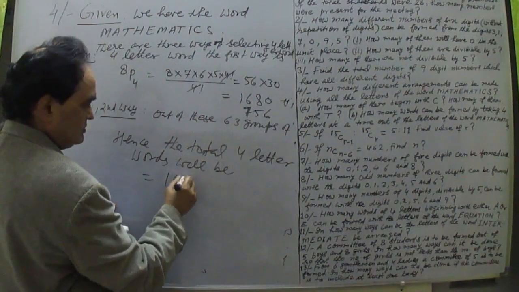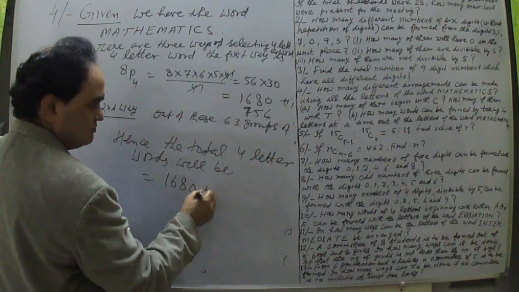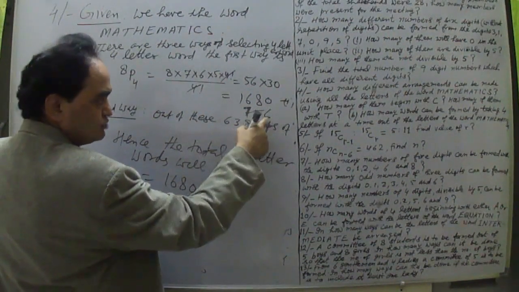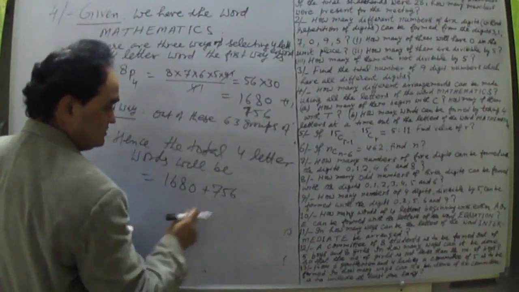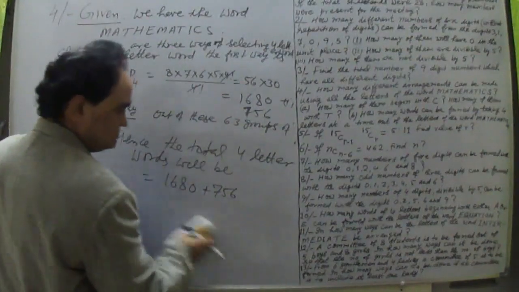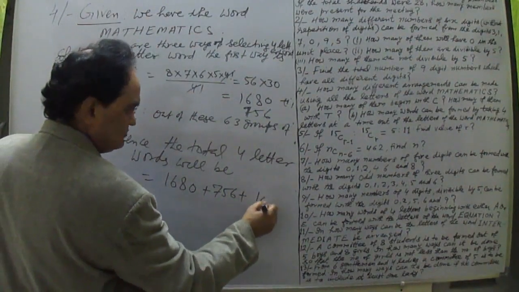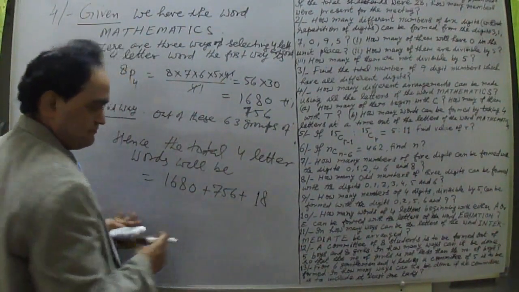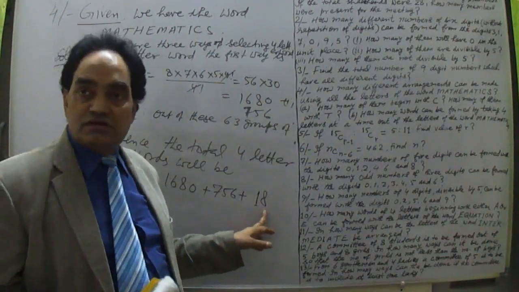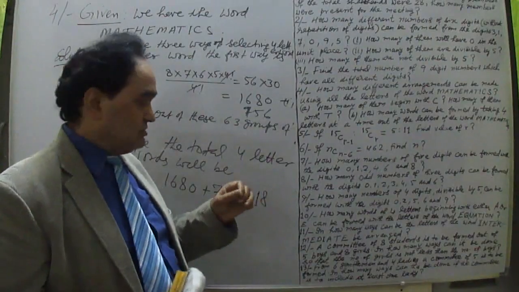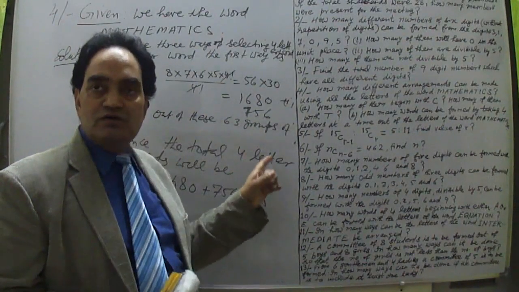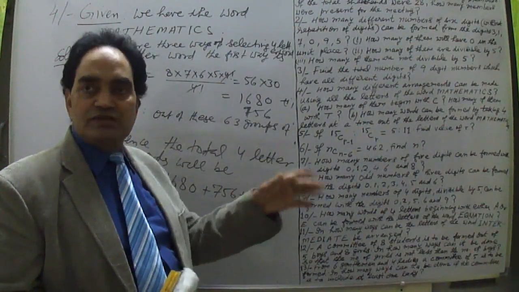This was the 8P4, plus the second type where 2 were alike and 2 were different, that is 756. This second type of selection was done, plus the third type is 18 words only. 18 words are there of the third kind, where both are similar pairs. I mean 2 are similar of one kind, 2 others are of the second kind.